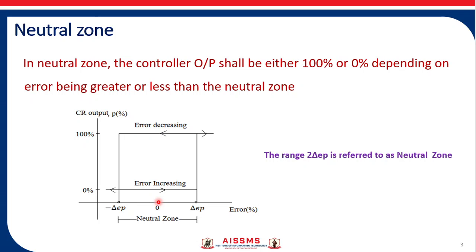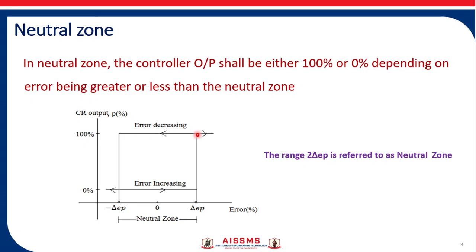So your control output will not change the state immediately when your error is greater than 0. The controller will not change the state until the error reaches delta EP. So as soon as your error reaches delta EP, your controller output will change the state from 0% to 100%.